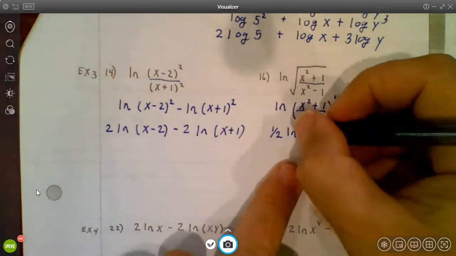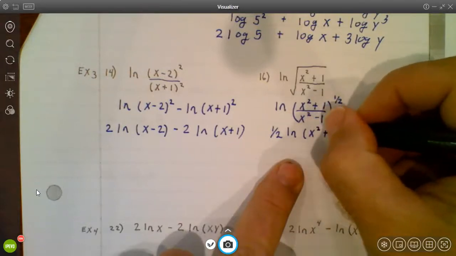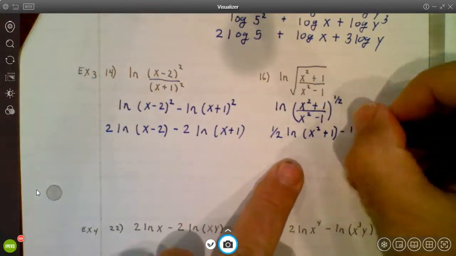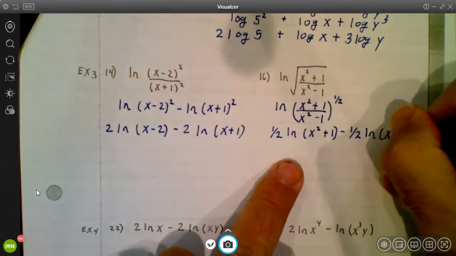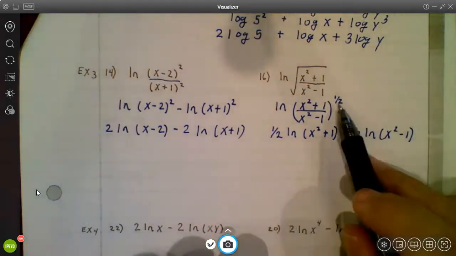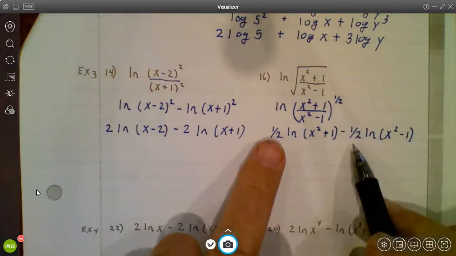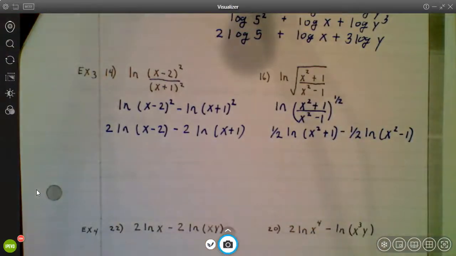So I get the natural log of x squared plus 1 minus natural log x squared minus 1. And so this would be one way we could write that. And again, notice I'm applying the 1/2 to both because the entire thing was under the radical. So it belongs to both in this case.